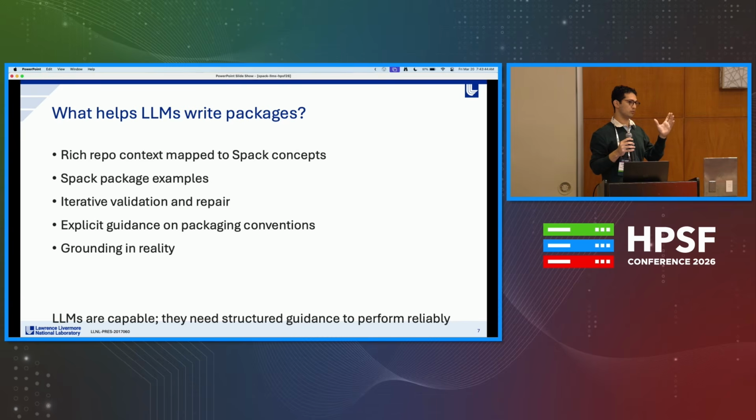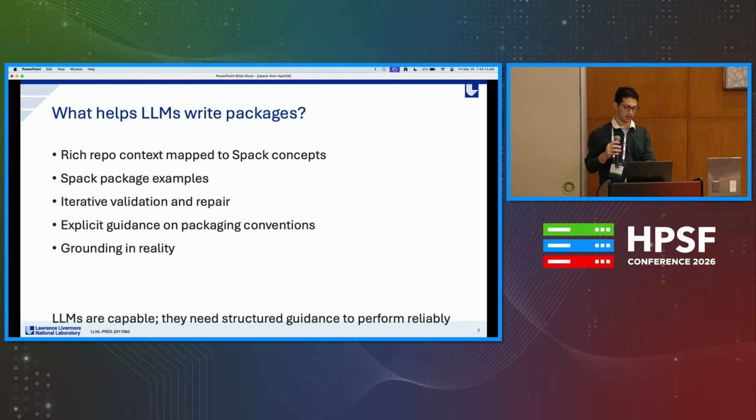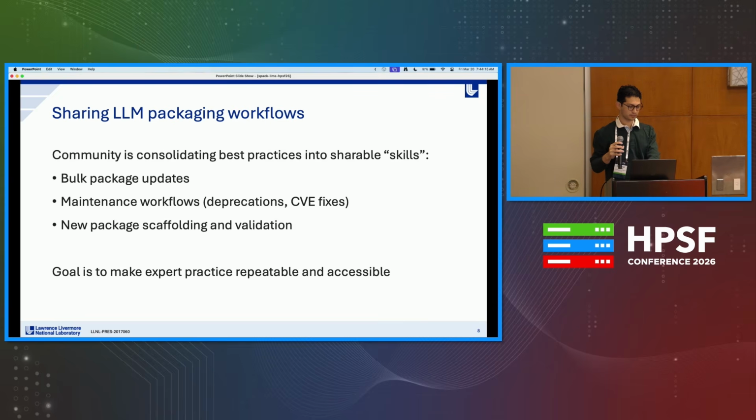They should be attempting to actually build the package before they translate all the information they have in the repository metadata directly to a package.py file, just to ground their experience in reality and provide feedback that maybe what is in the CMakeLists.txt file is not really what you need to have a successful Spack recipe. So I'd say they're pretty capable. They just need some structured guidance to perform reliably. It's nothing too wild.